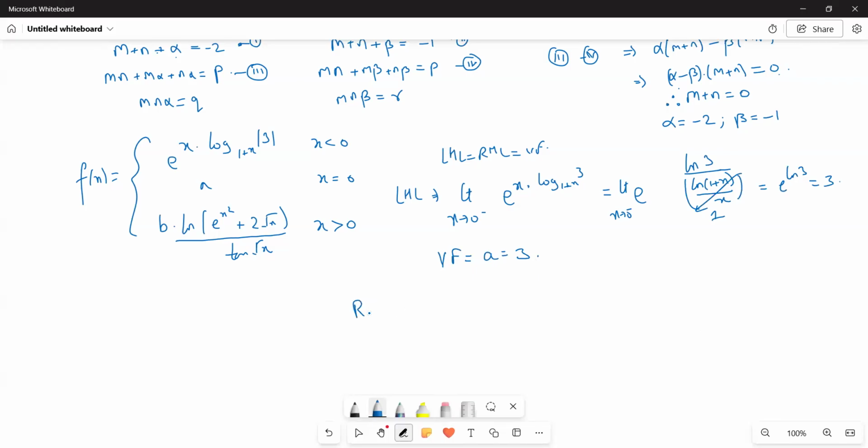And now we check for the right hand limit. So limit x tending to 0 plus b times log of e to the power x square plus 2 root x by tan root x.